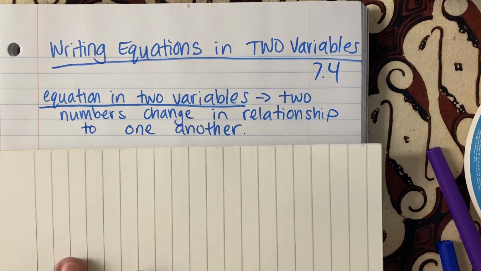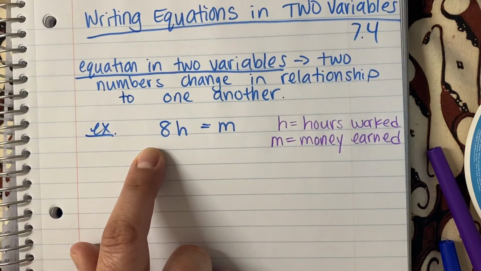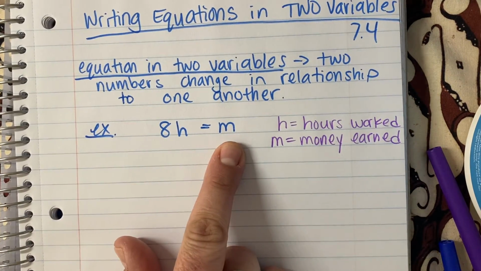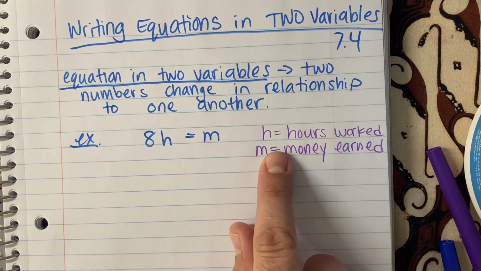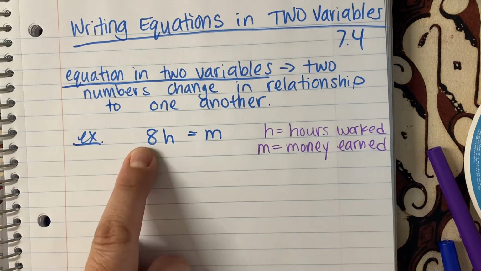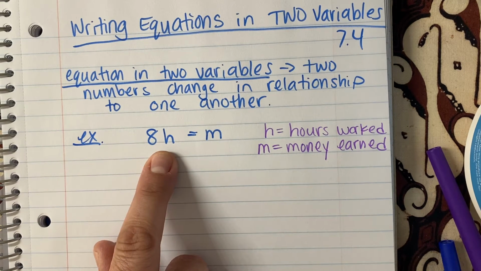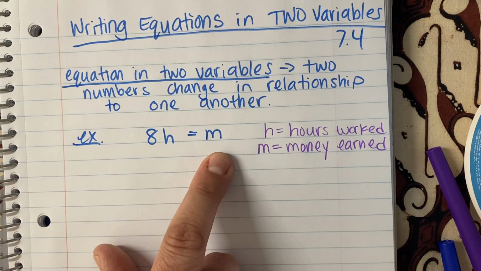Let's take a look. So I have this example of 8h equals m. And in this situation, h is the hours worked and m is our money earned. So you and I know this means like a job, right? So you and I work so many hours, or how much we make per hour will tell us how much we will make.